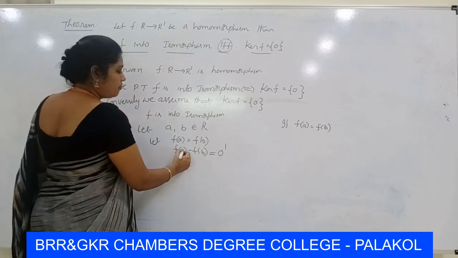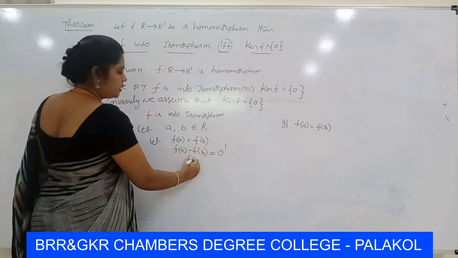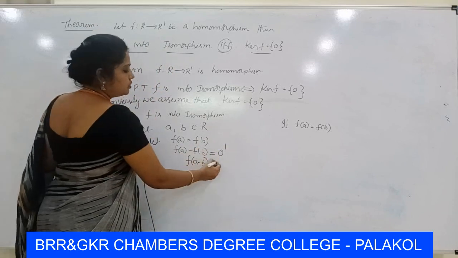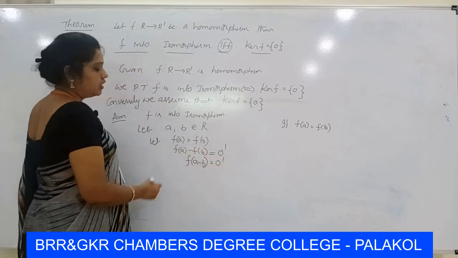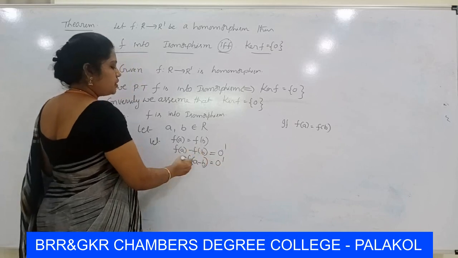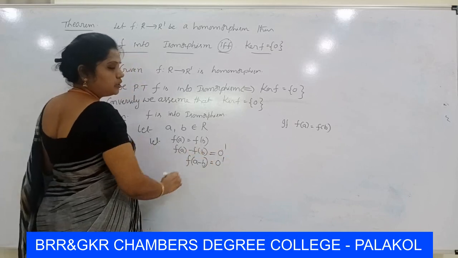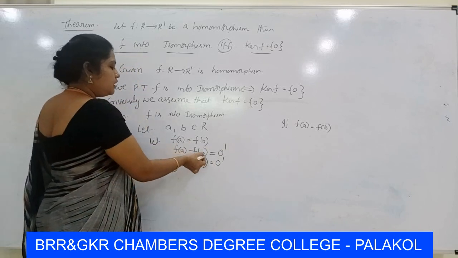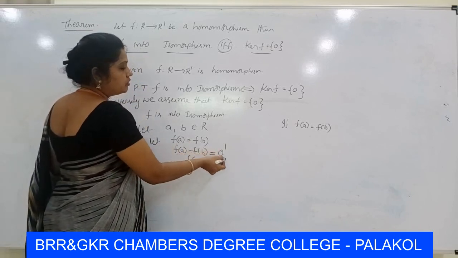Now f of a minus f of b is, by the homomorphism condition, f of a minus b. So that is equal to 0 dash. Here the image of a minus b is equal to the 0 element of the ring R dash.